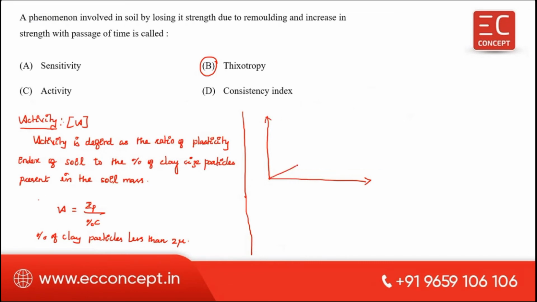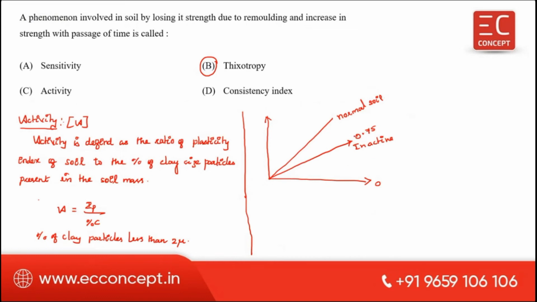The first description is inactive. The second one is normal soil. If your value is between 0 and 0.75, then we can say inactive.